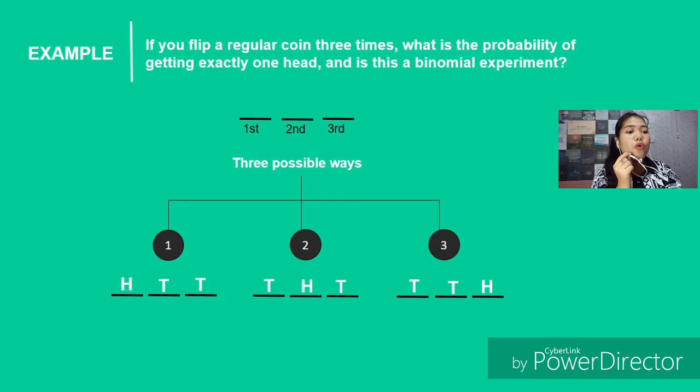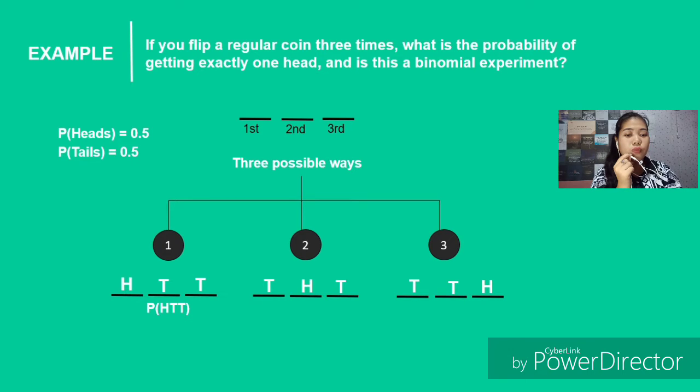Now all we have to do is calculate the probabilities of each outcome and add them together to get the answer. We know that the probability of getting heads is 0.5 and the probability of getting tails is also 0.5. To calculate the probability of the first outcome, we will multiply the probability of heads times the probability of tails times the probability of tails again.